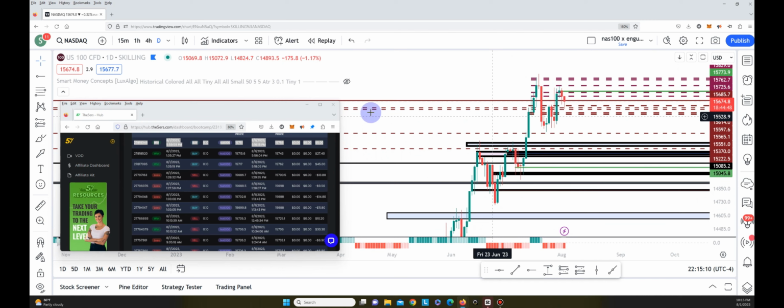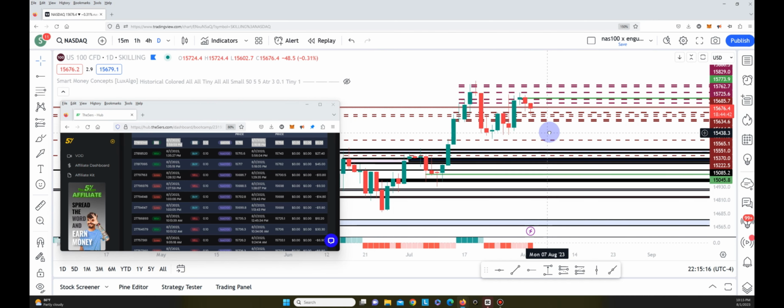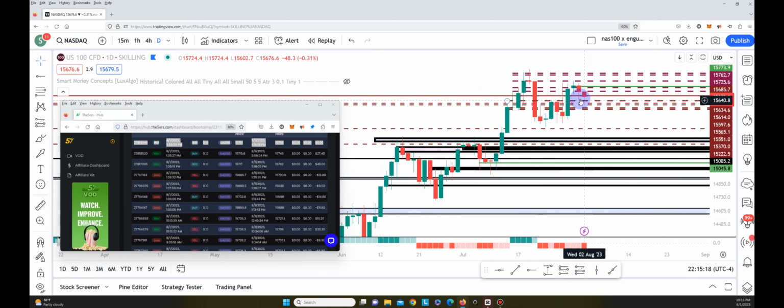Well, let's see what the market does. Tell me what you think the market is going to do. Doesn't look all that bullish, unless it starts to reject here and pushes up, but we'll see.